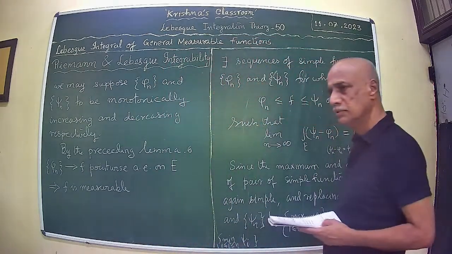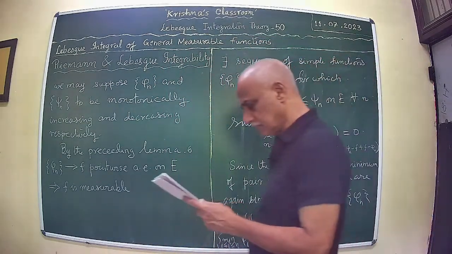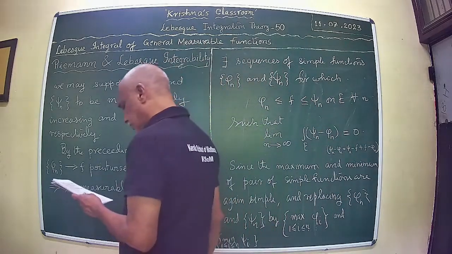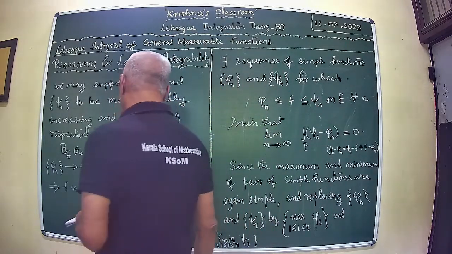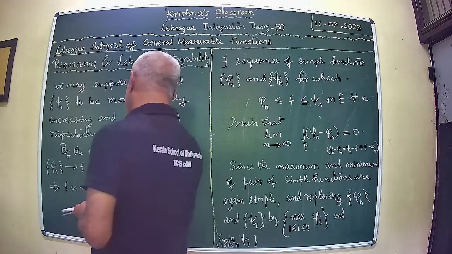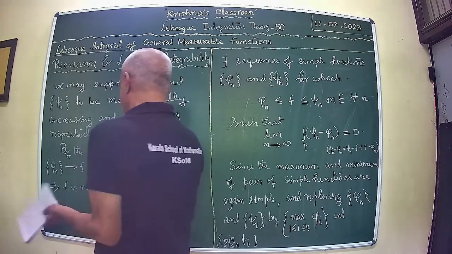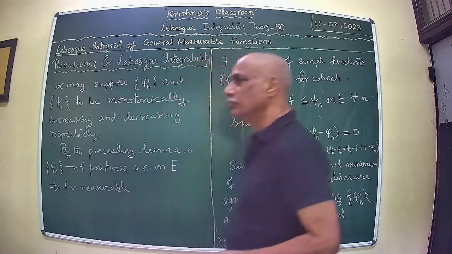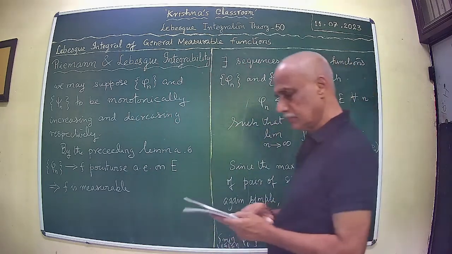Okay? Simple functions are measurable functions. f is measurable because it's a pointwise limit of a sequence of measurable functions.